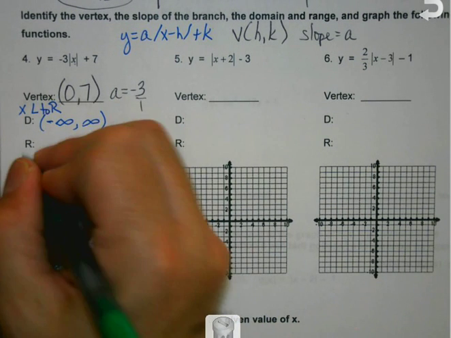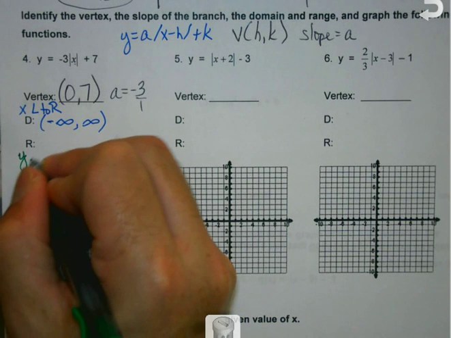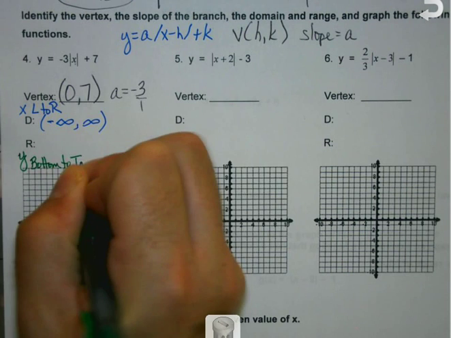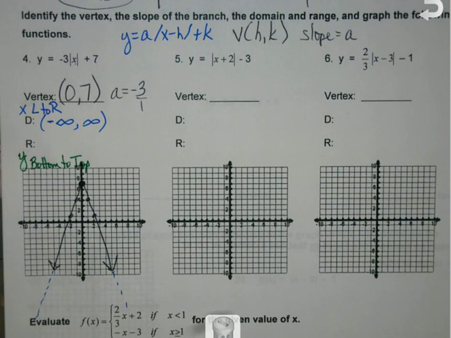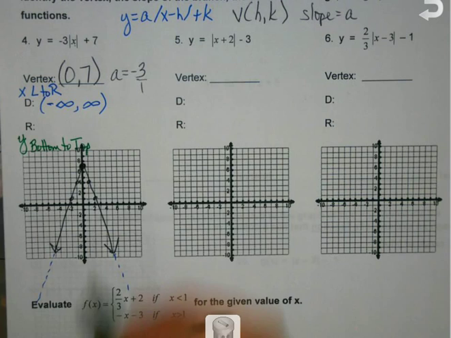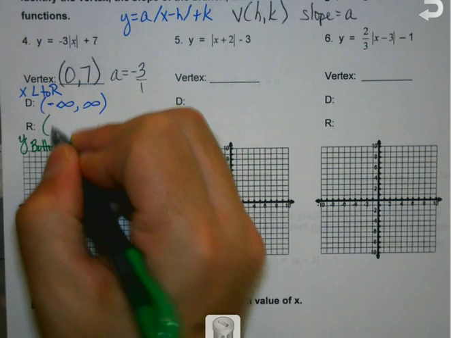Now my range is my y values. And it's my y values from the bottom of my graph to the top. You're like, well, the bottom, it's going down, down, down forever. Okay.